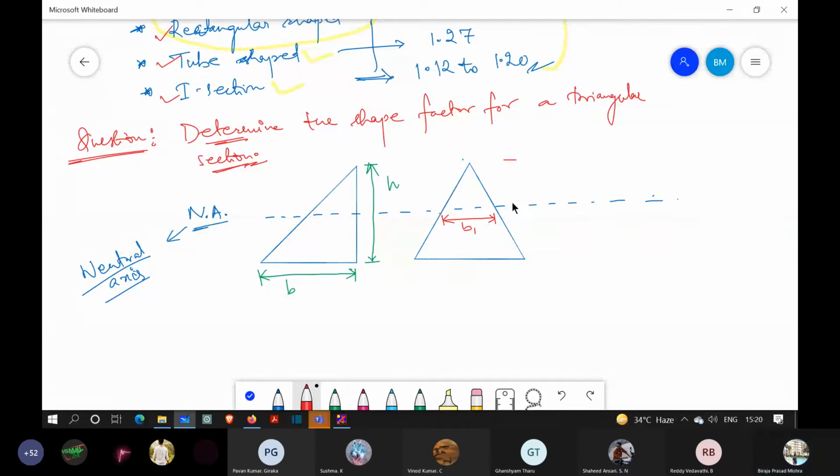And this is the section. So this I've directly told as NA, or you can write NA here. Neutral axis.